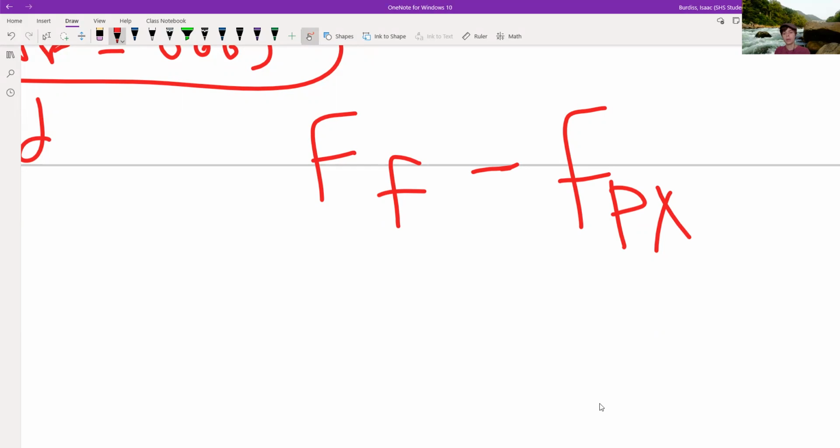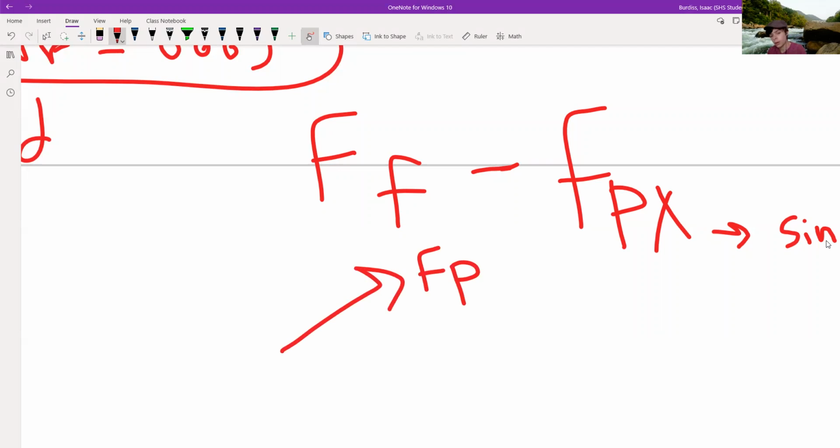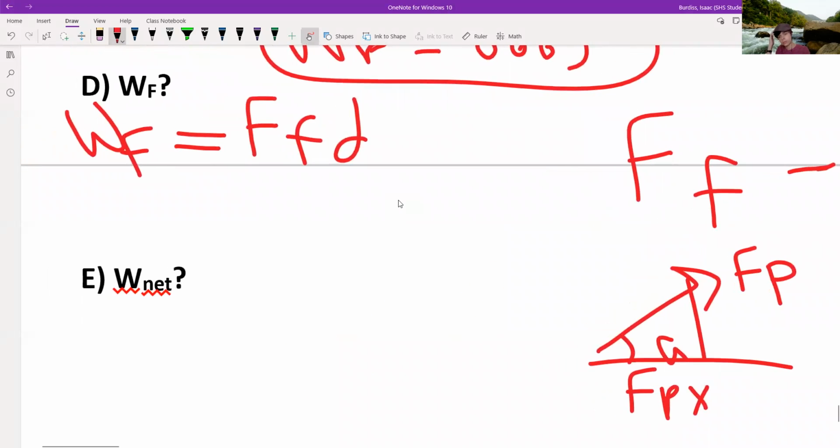But for this, you would use sine for the angle, because this is the applied force, this is FPX, and to the angle, this is adjacent. Adjacent means sine. Okay, or adjacent does not mean sine.